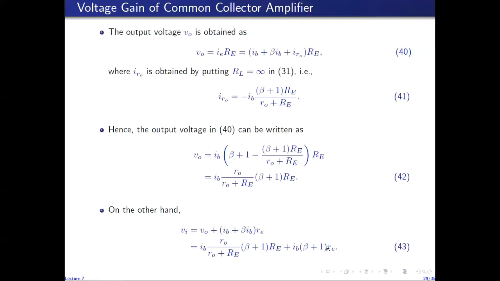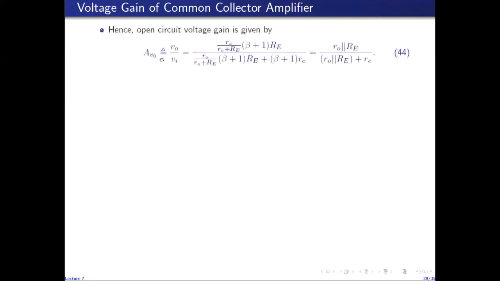So I can divide V naught in 42 by VI in 43 to get the open circuit voltage gain of the common collector amplifier. Since IB is common in both equations, it gets cancelled out, and this is what I'm left with. Again, I notice that I can cancel beta plus 1 in the numerator as well as the denominator, because beta plus 1 is common in all of the terms.